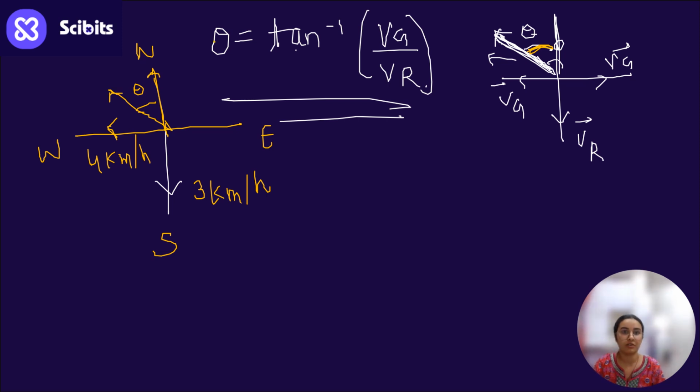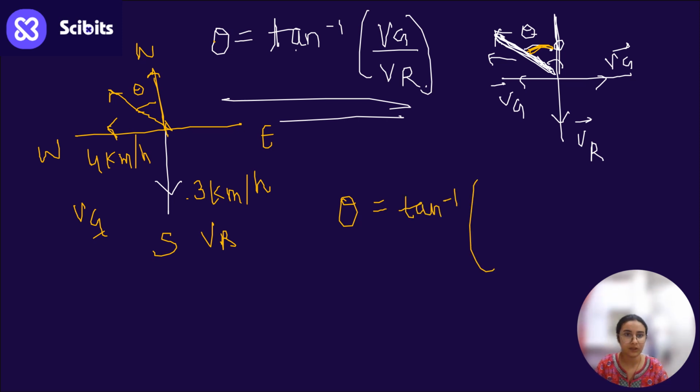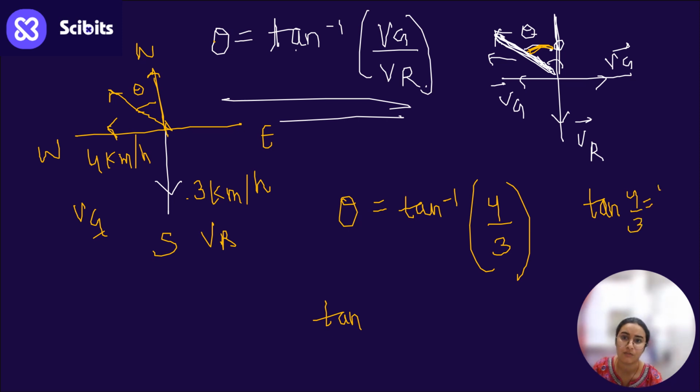So we already know the formula: this is Vg, this is Vr. So Vg is 4, Vr is 3, right? We will simply put it here, tan inverse 4 by 3. You can just remember this: tan 53 degree is 4 by 3.